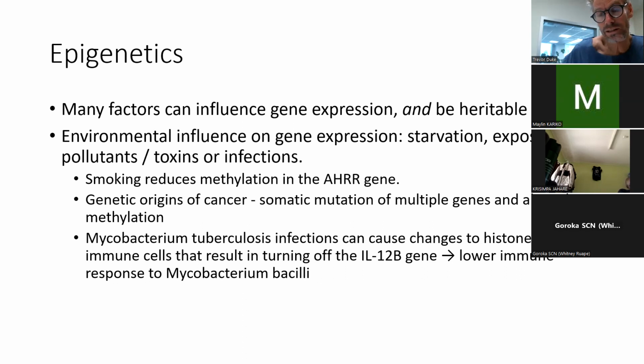Even certain infections can lead to genetic changes that can increase or decrease our immune system. So mycobacterial infection, for example, causes histone changes that lead to a turning on or off of certain genes that may lower our immunity to mycobacterium bacilli, and that can increase our susceptibility to tuberculosis. So there's a complex interplay between environmental factors, infections, our genes, and the turning on or off of those genes.